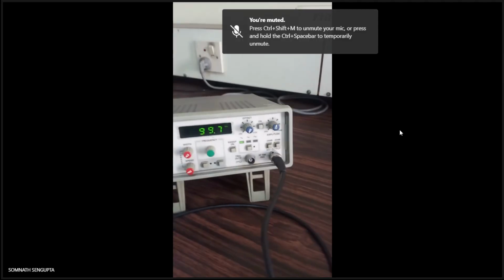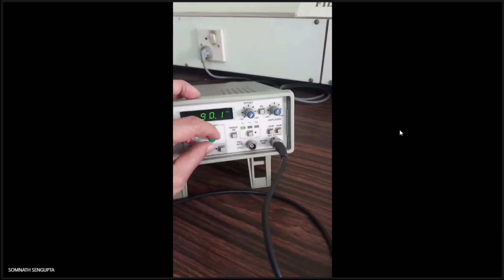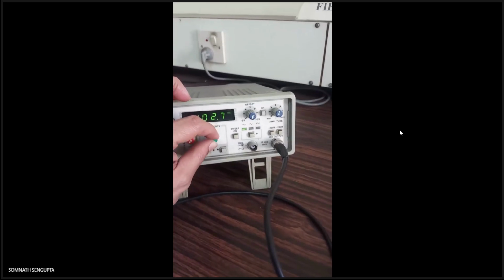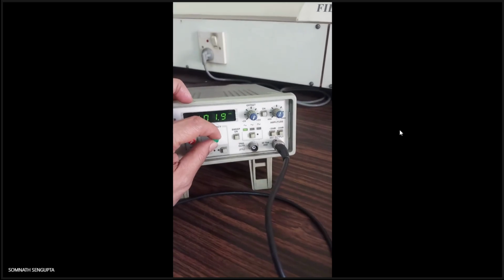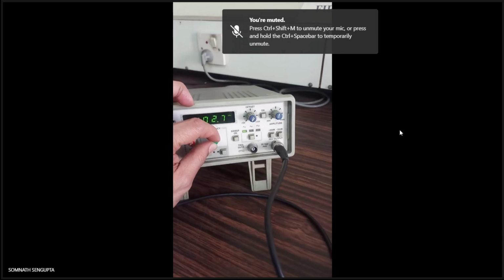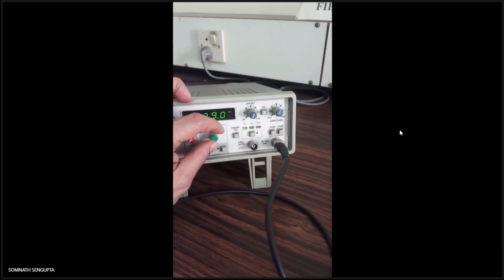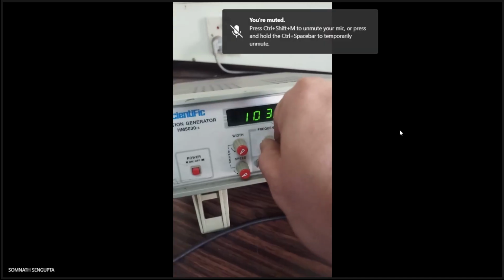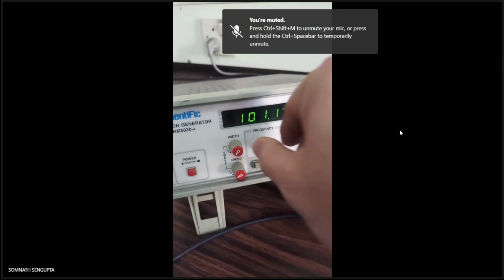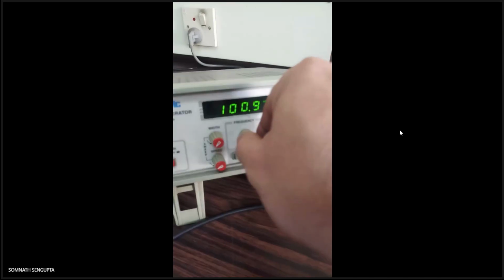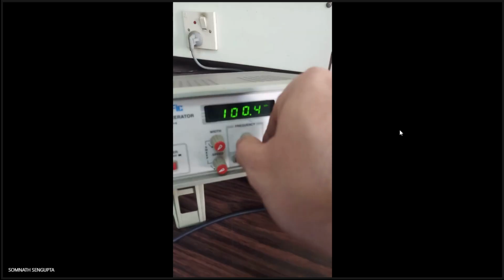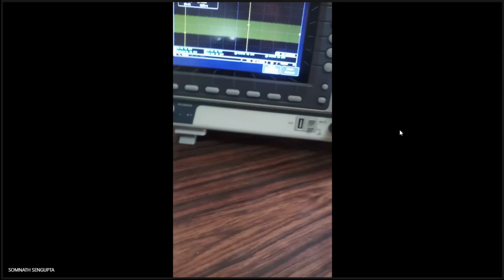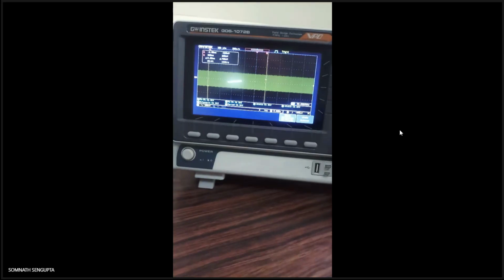So now I set to 100 kilohertz. Now here I have to adjust the time scale.